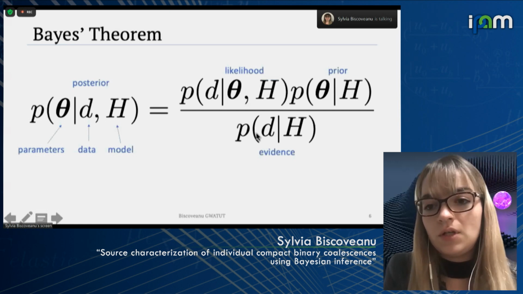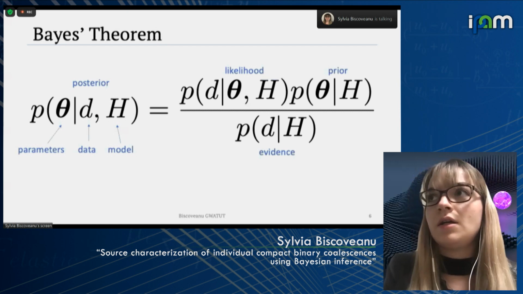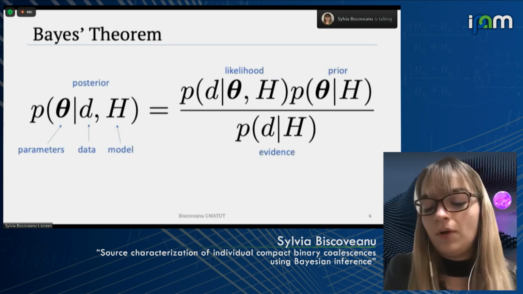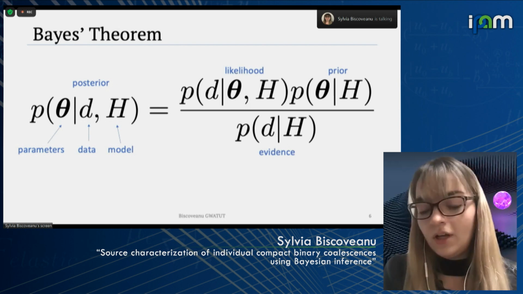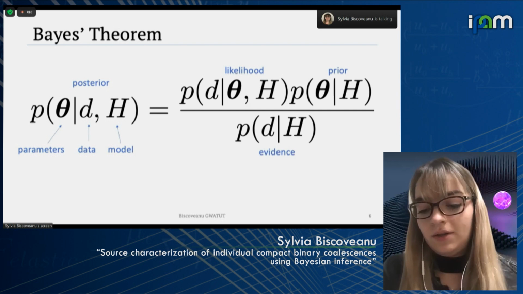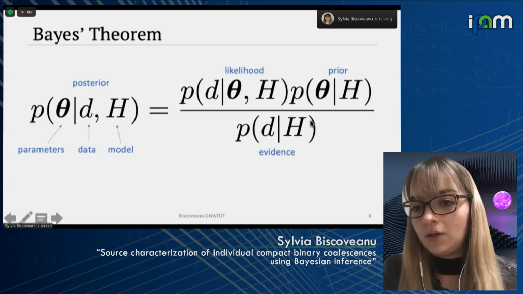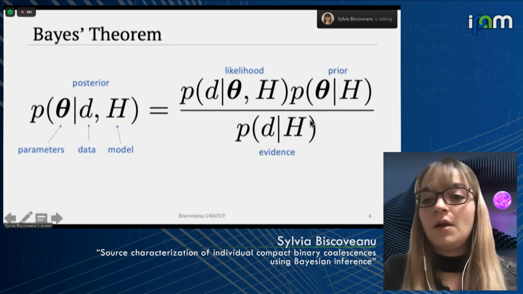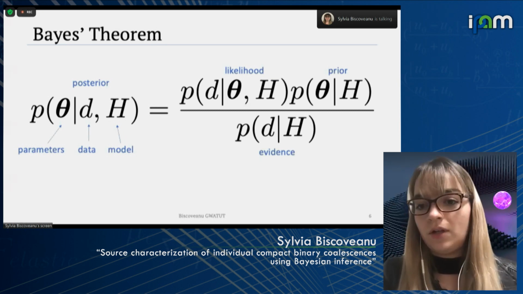So your result is only going to be as good as your model. If your data contains, for example, a merger of two protostars or something else whose signal is not determined by the assumption that we are looking for binary black holes, then whatever parameters you estimate are going to be biased because your model is not relevant.